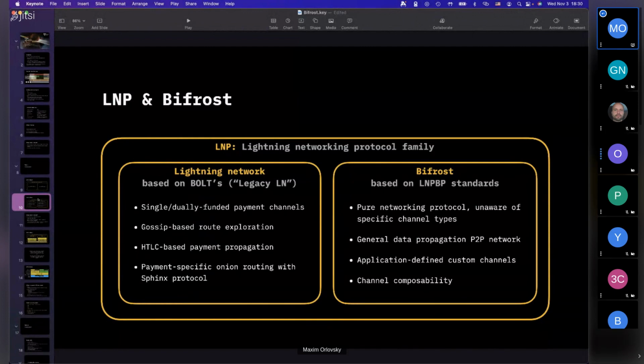Well, RGB is not a soft fork of Bitcoin. Yeah, it's neither a hard fork nor a soft fork. It requires no changes to the Bitcoin network.